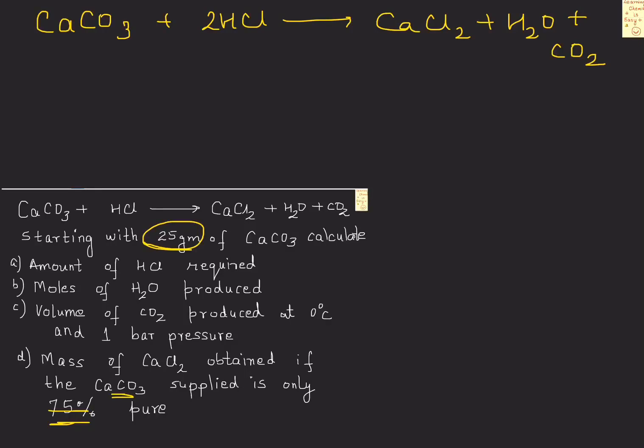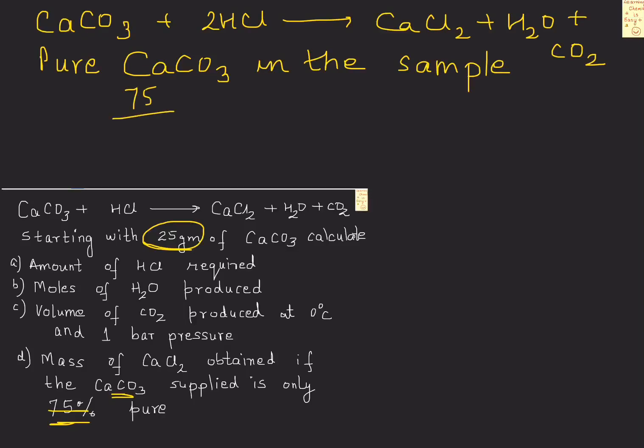Now, if it is 75% pure, that means the pure calcium carbonate in the sample is how much? Yes, 75% of 25 grams. See, I am not using any chemistry over here. It's simple plain mathematics. So, calculate and give me the answer.